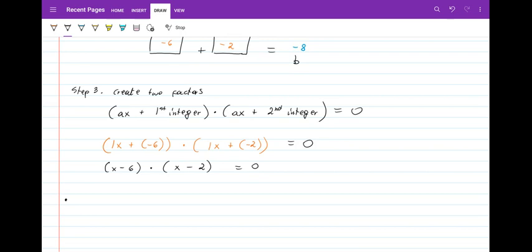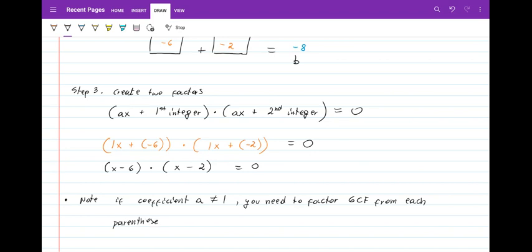I would just give a note. If coefficient A is not equal to 1, you need to factor greatest common factor from each parenthesis and I will put it and ignore it.